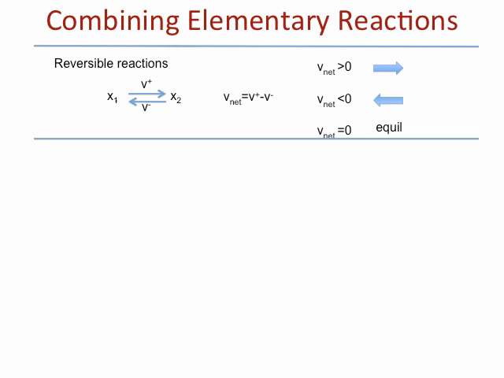If the net reaction rate is negative, then the reaction is proceeding from right to left or in the reverse direction. If the net reaction is 0, V plus and V minus are exactly equal in magnitude, and then we have equilibrium. So equilibria are actually dynamic states with elementary reactions proceeding, but at exactly the same rate.